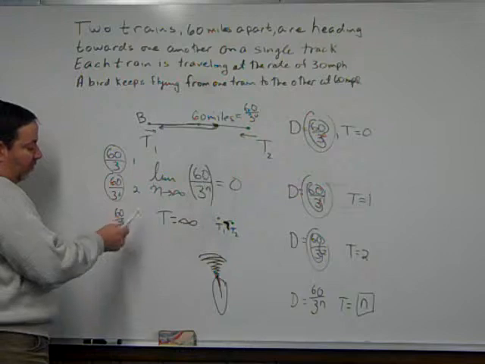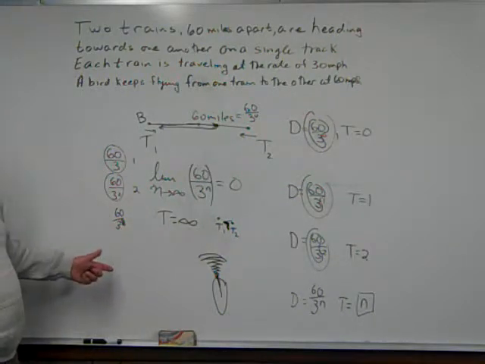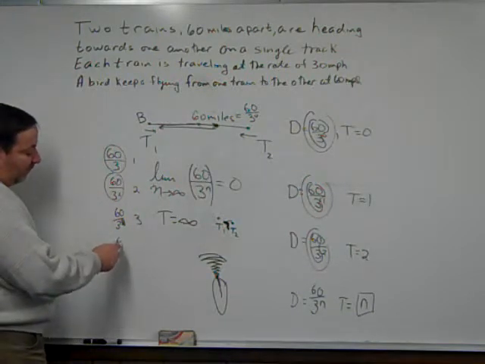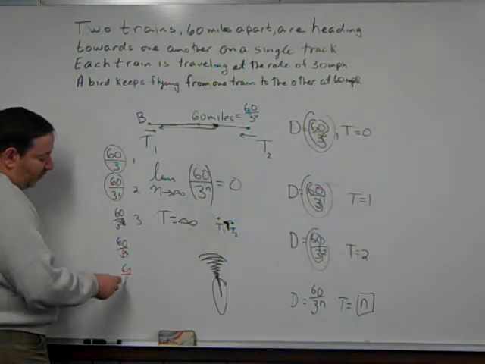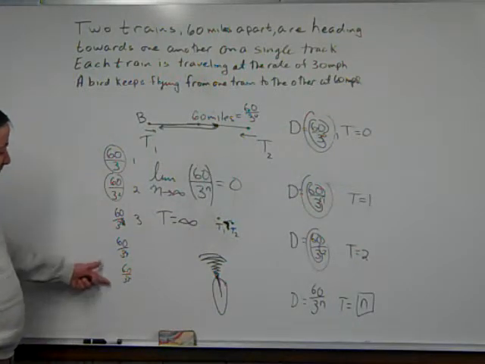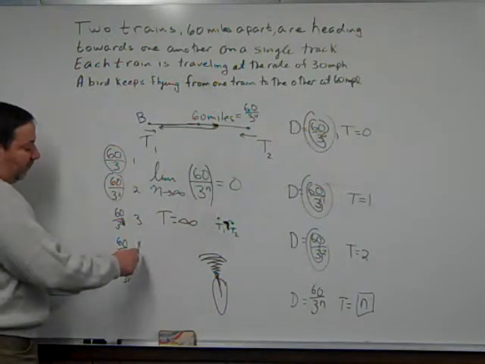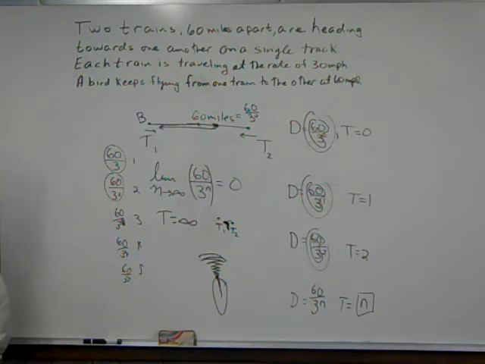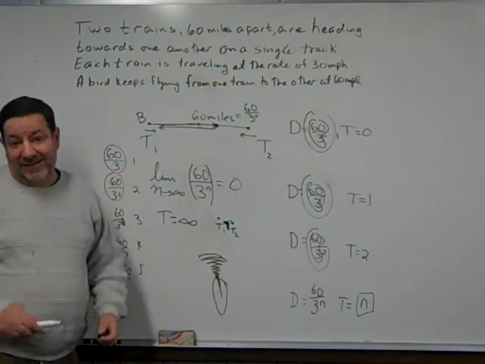That is, when you've walked 60 over 27ths of the distance, clap your hand. 60 over 3 to the 4th. 60 over 3 to the 5th. That's the remaining distance. Well, you're going to be clapping your hands an infinite number of times before you walk the 60 miles or the 60 feet.